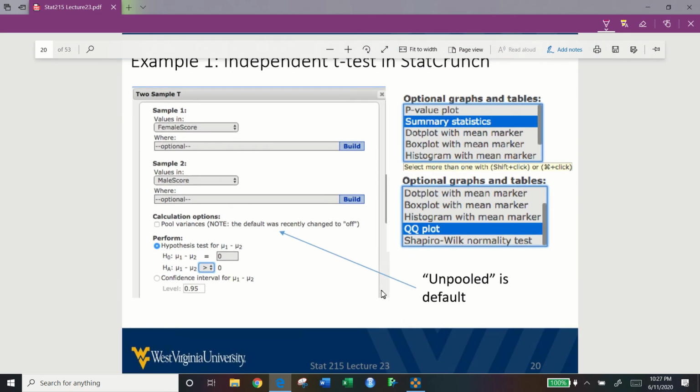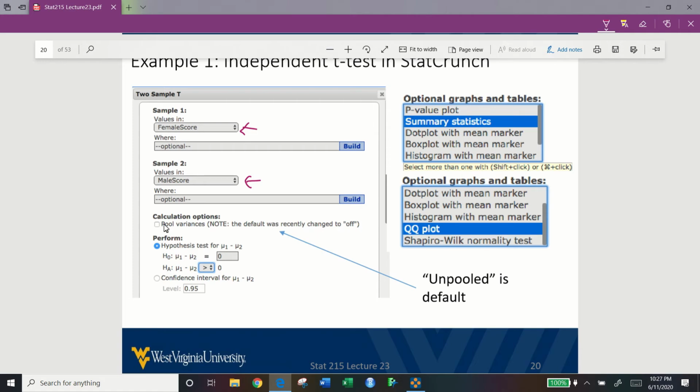From there, sample 1 would be our female scores, sample 2 would be our male scores. If you recall previously, we had our calculation options. Pooled variances is when we assume our population variances are equal. That was not the case in this problem, so we need to leave it unchecked.